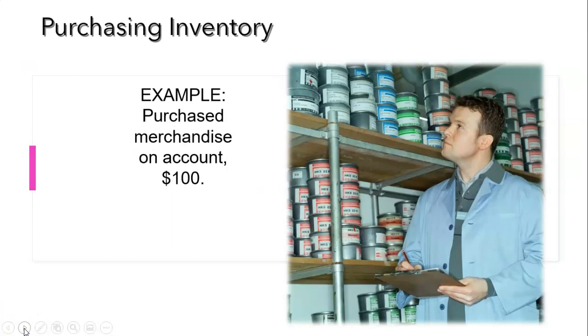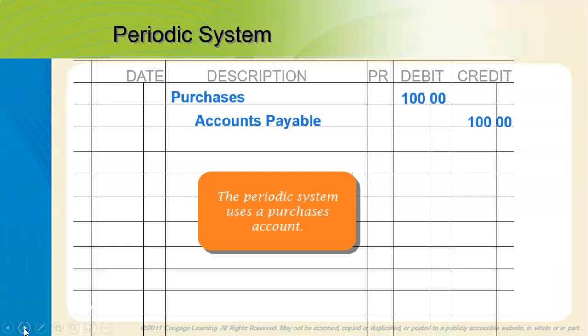Okay, so let's take a look at some samples of journal entries if we were purchasing inventory. Here's an example if we purchased inventory on account for $100. Here it shows the periodic system, and we would debit the purchases account for the $100, and we would credit accounts payable.